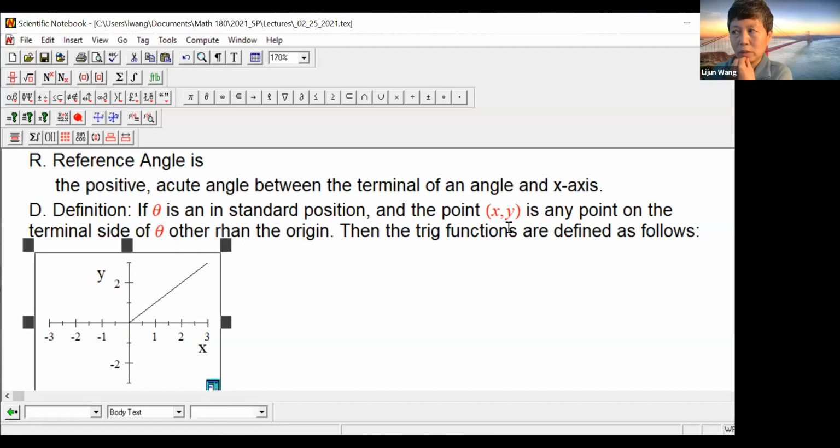That's the key word. The point is any point on the terminal side of theta other than the origin. So they want you to choose a point not at the origin, but anywhere on the line. So can you arbitrarily choose a point on this terminal? So you fully understand the power of this definition.